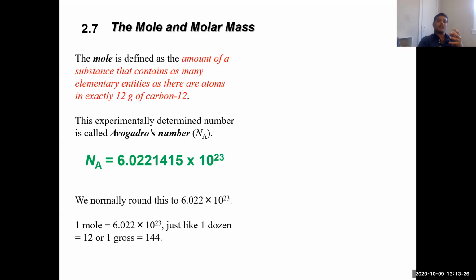If you try to identify how many carbon atoms are present in that carbon-12, that many atoms are defined as a mole. That number happens to be 6.022 times 10 to the power of 23. So in a 12 gram sample of carbon-12, there happen to be these many individual carbon atoms.